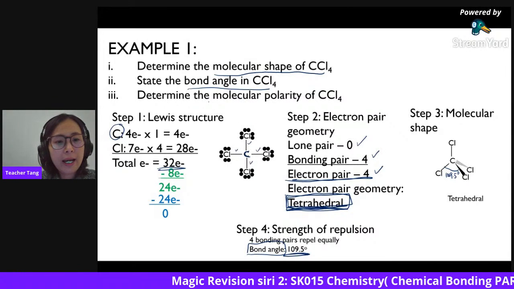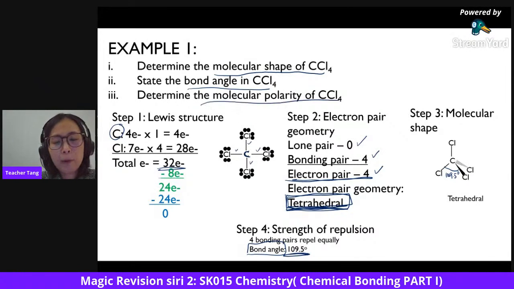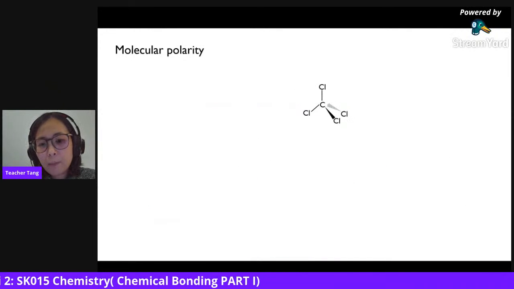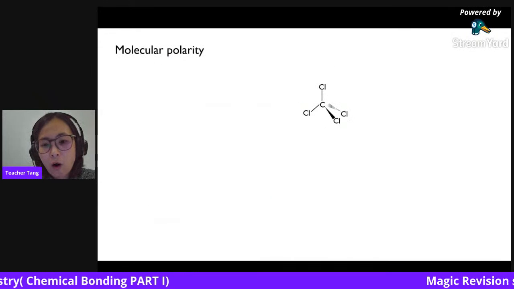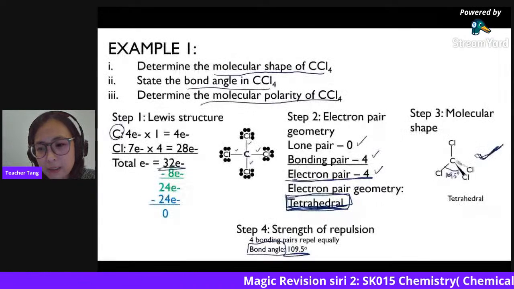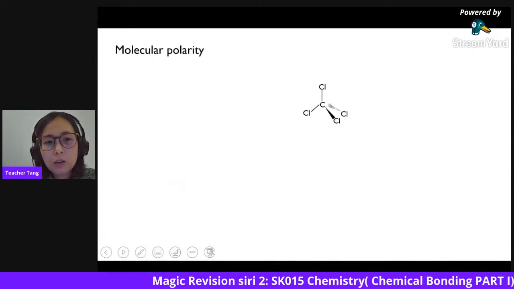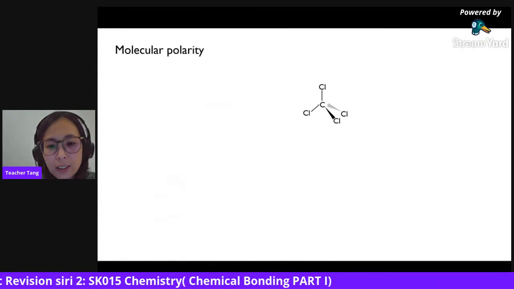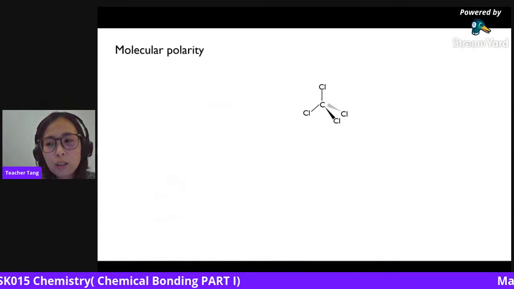Then how do we determine the molecular polarity of CCl4? We must determine it from the molecular shape. So this is our molecular shape. First, we draw the bond dipoles.